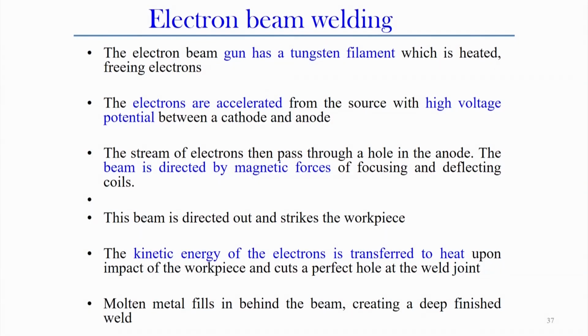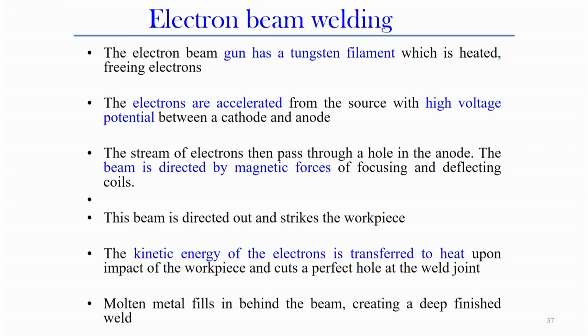Then the stream of electrons passes through a hole in the anode, and the beam is directed by magnetic forces, focused and then deflected to a specific point by the deflecting coils.